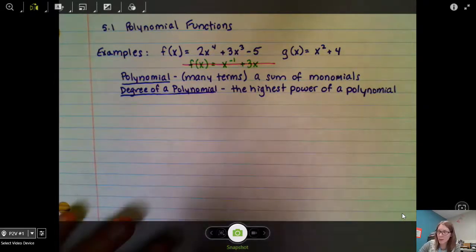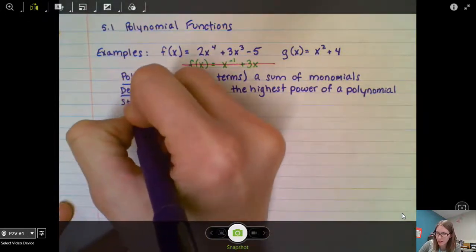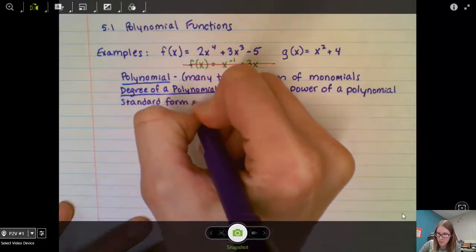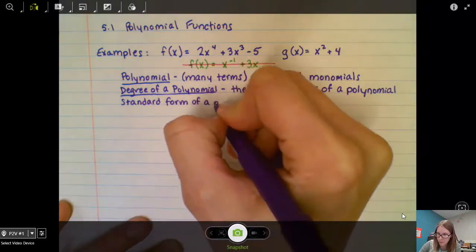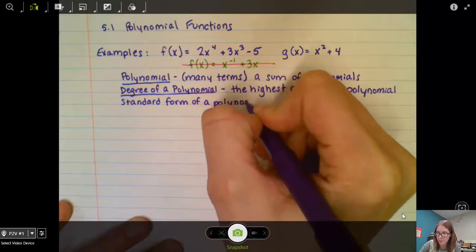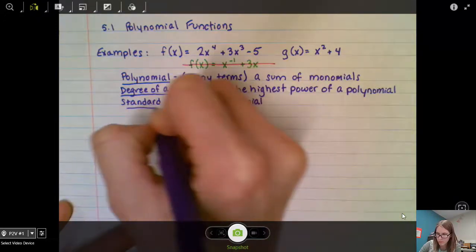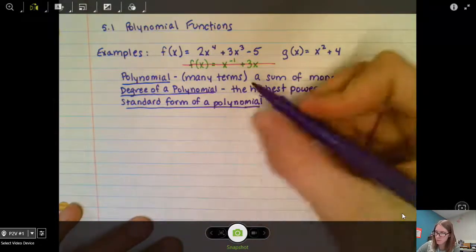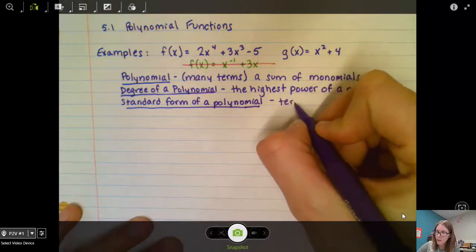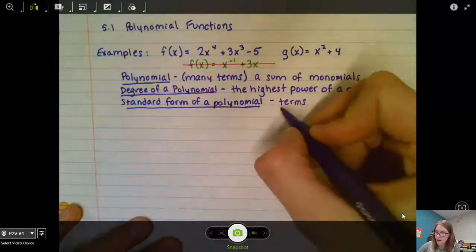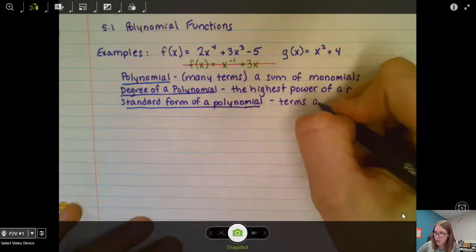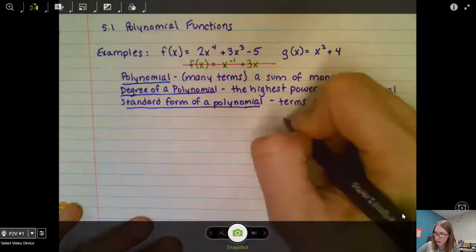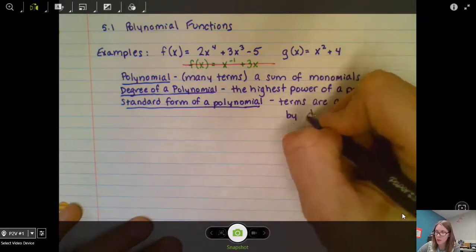And then our last vocab word here is standard form of a polynomial. And when our polynomial is in standard form, our terms are arranged by their degree, by their power.